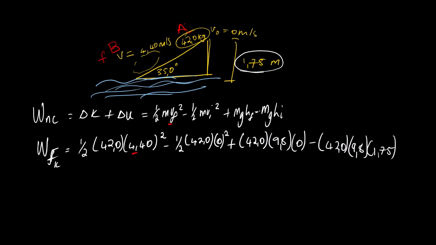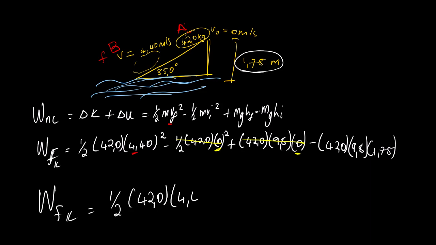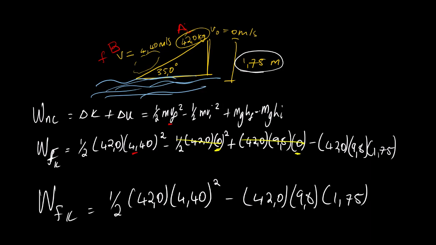From here we can see that the work done by kinetic friction, since we have 0 here, this will also be 0. We have 0 here, this will be 0. So we are left with 42.0, 4.40 squared, minus 42.0, 9.8, 1.75.